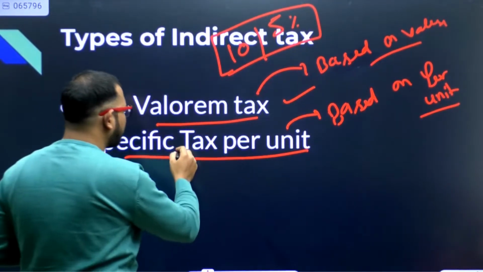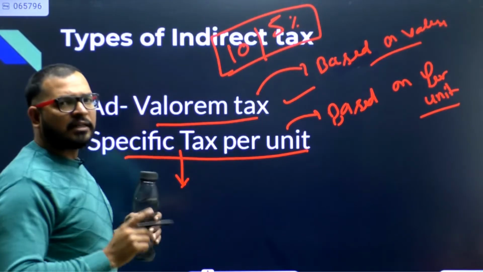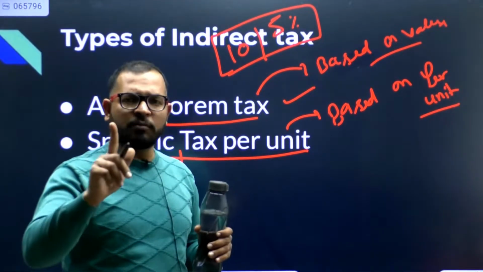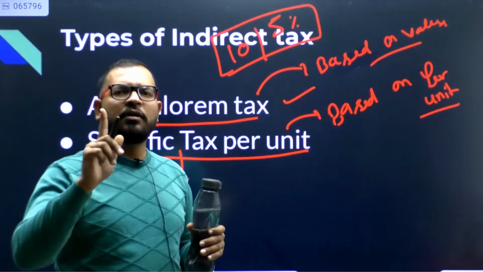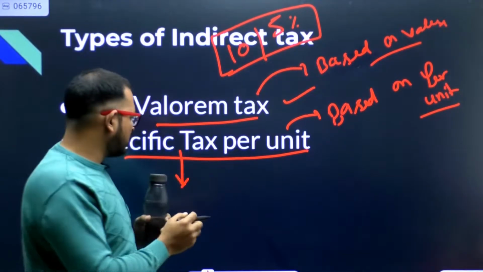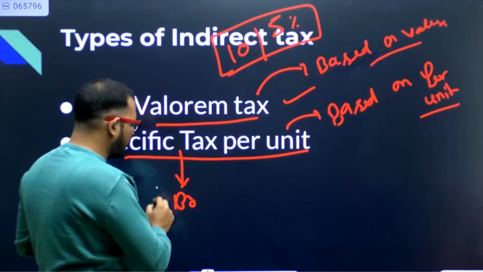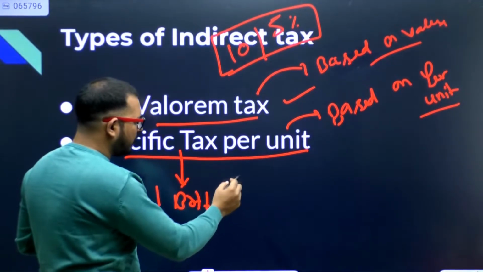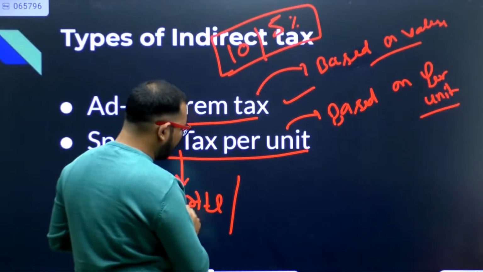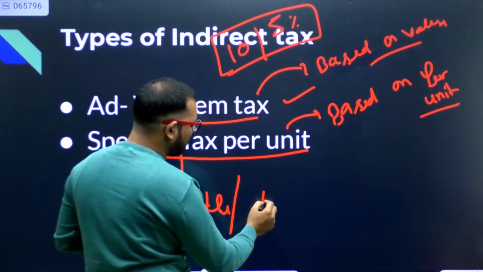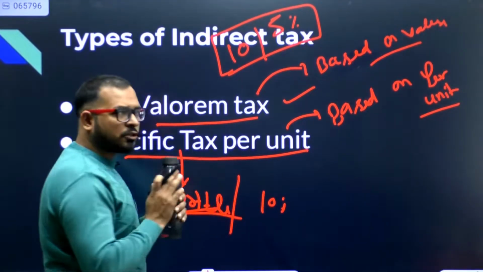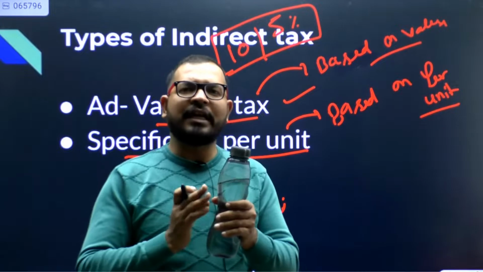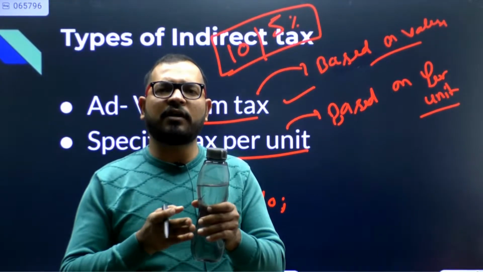Now what is specific tax per unit? Let's say one bottle is being priced, and the tax on one bottle is, let's say, 10%. Now this bottle may be a steel bottle, or a different bottle.